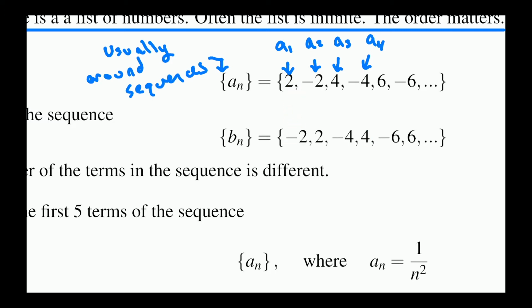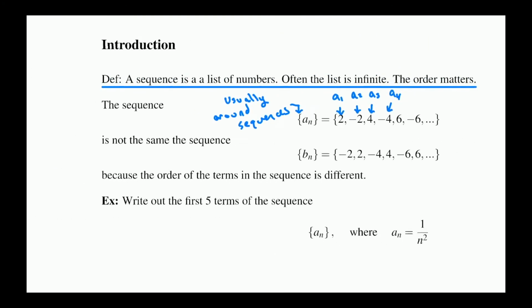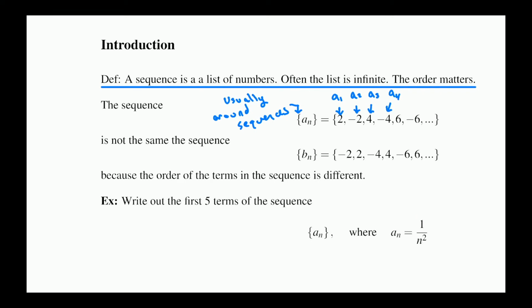They don't match because the signs are different. So these are the same numbers, but in a different order than up here, and because of that, these are different sequences. The order of the terms matters, not just whether the numbers are the same.